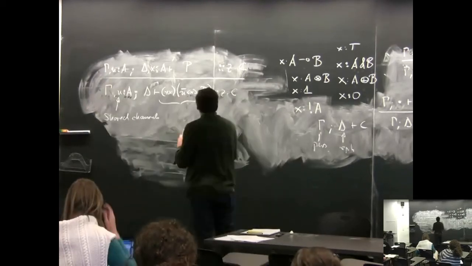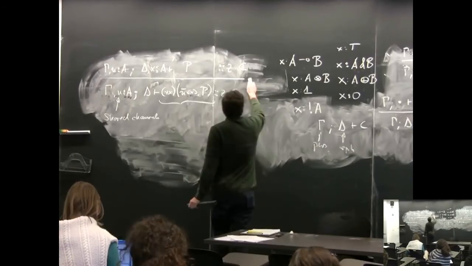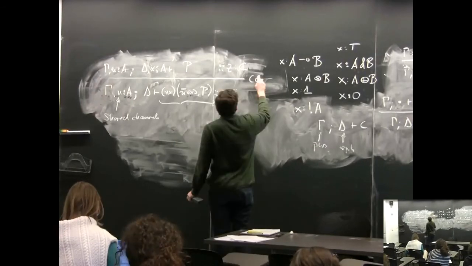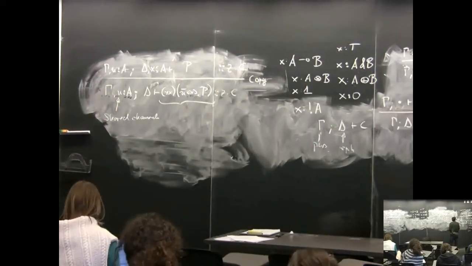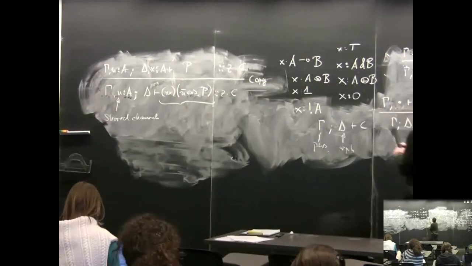So this is the copy rule. The counterpart would be the cut rule, so we have to figure out how that works. Let me erase this.